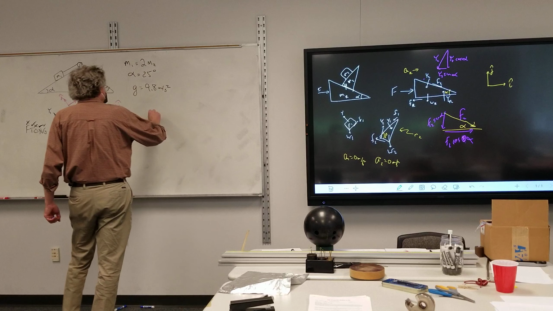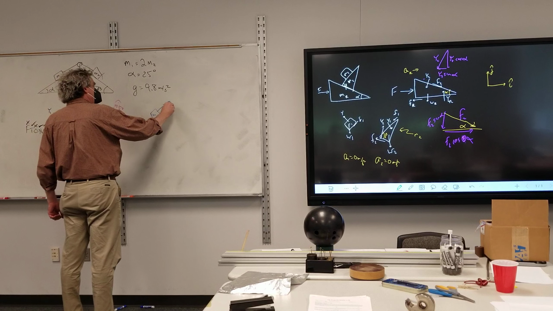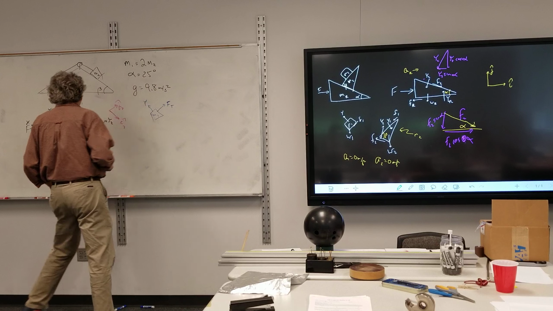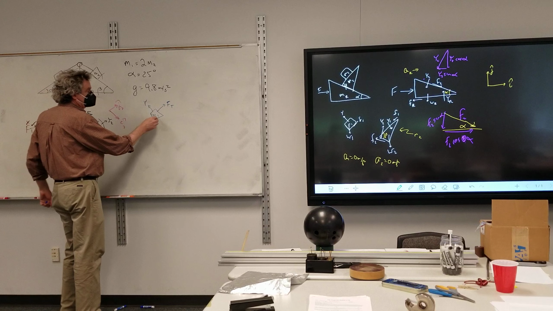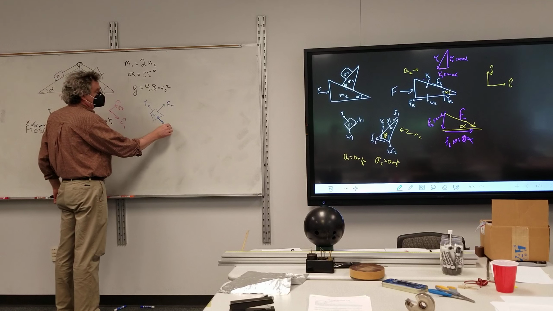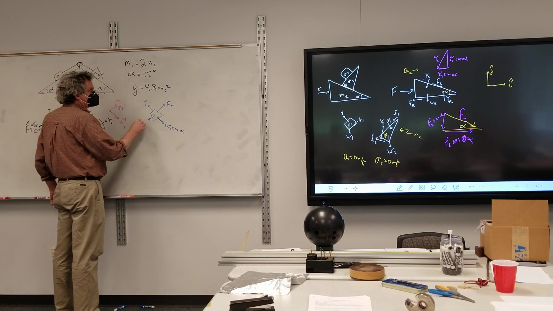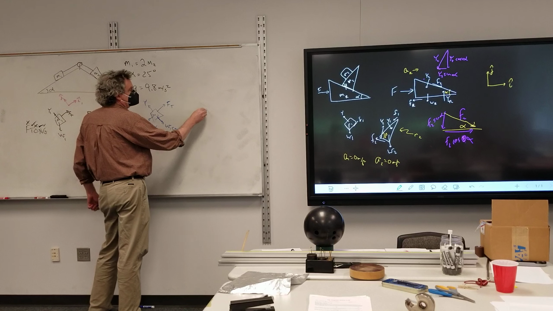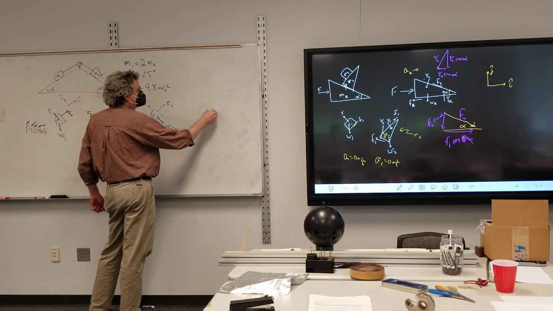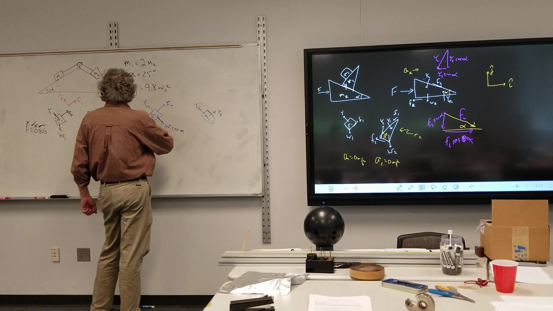And so for mass 1 here, I have tension acting up. I have normal force acting this way. Breaking weight up, we've done it several times before, as well as in the videos. This will end up being W1 cosine of alpha, W1 sine of alpha. And for mass 2, got N2, tension, we have that there.